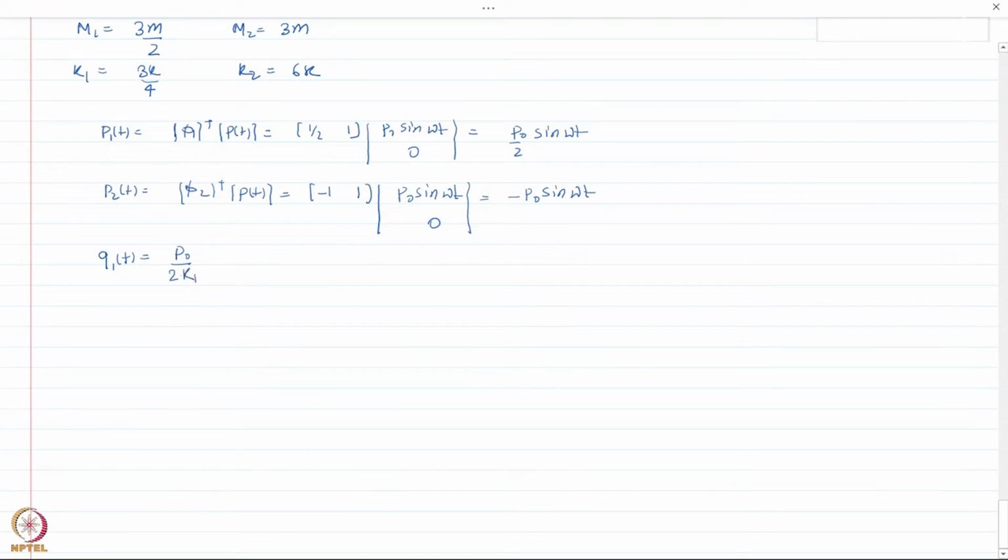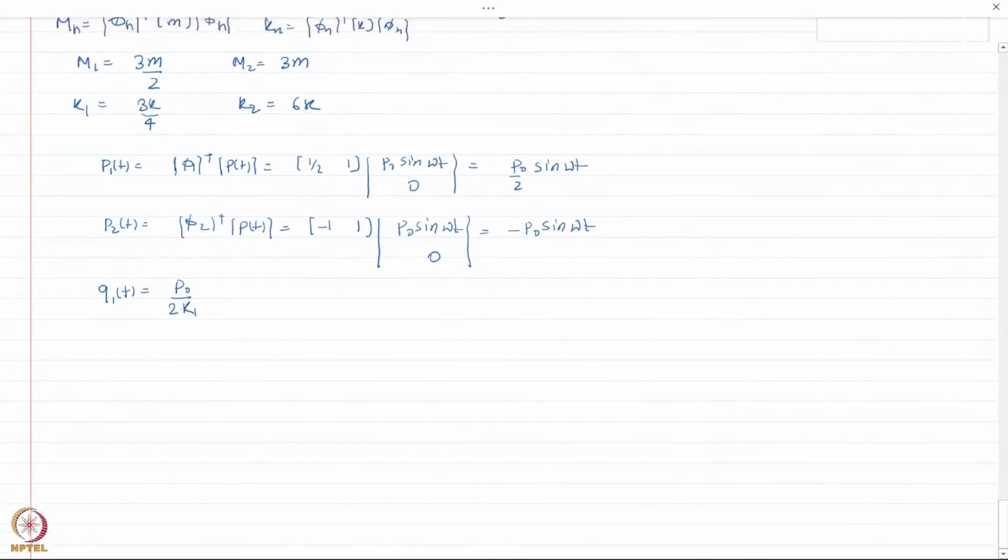Remember, not the stiffness of the story. This is the K1 for the generalized mode. So I substitute K1 as 3K by 4, times R1 times sine omega t, and I get 2P naught by 3K R1 sine omega t.